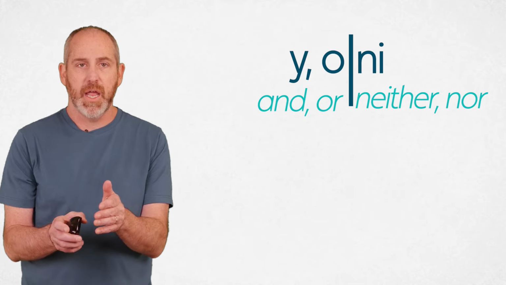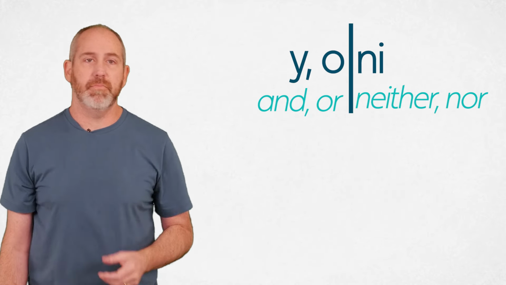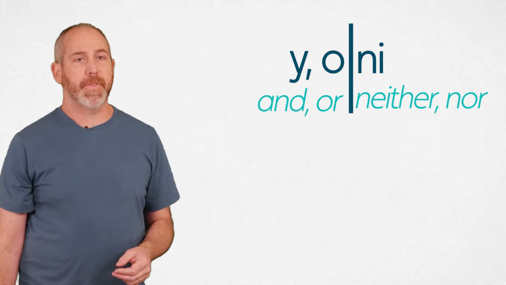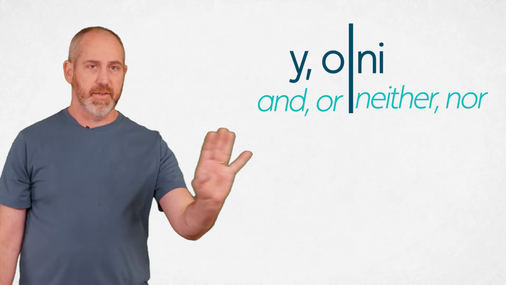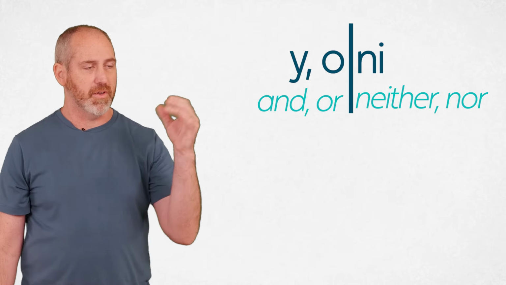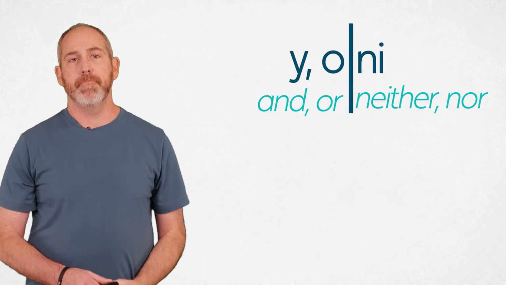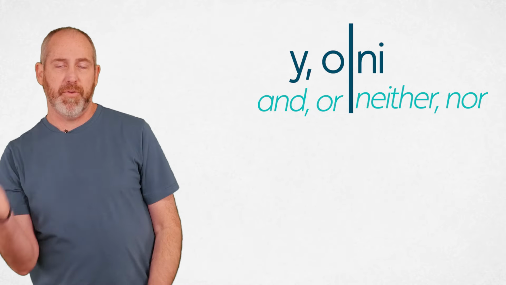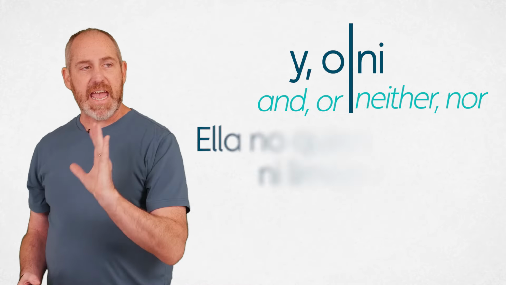Okay? Now let's move on to those words that we said a while ago, y and o, and or, and ni, which means neither nor. Okay? Now, someone says, she doesn't want neither this nor that. That's where we're going to use ni. We're going to use it in both instances in the sentence. Okay? So, ella, here's an example.